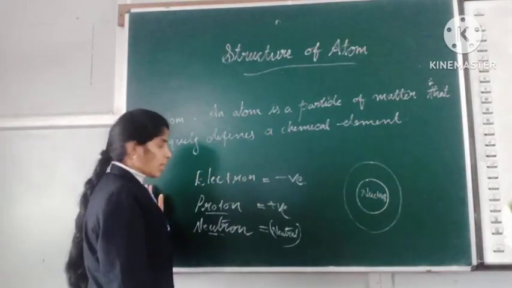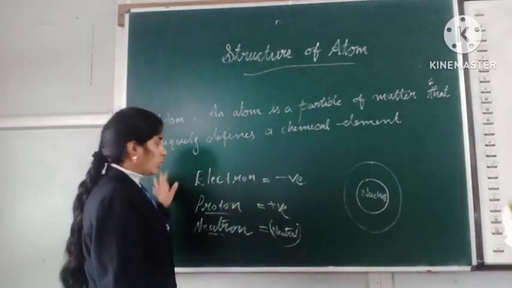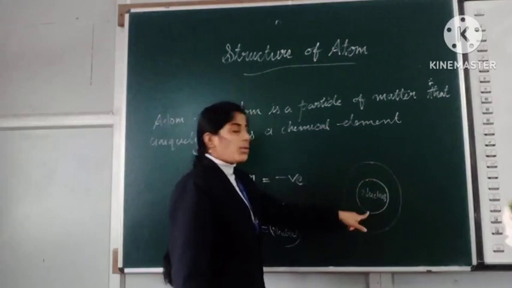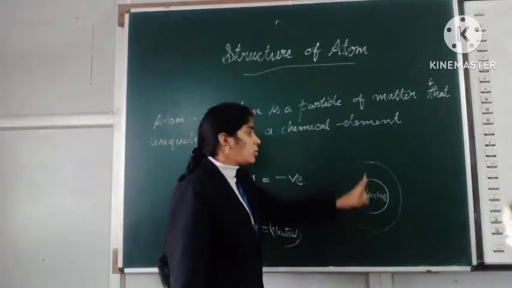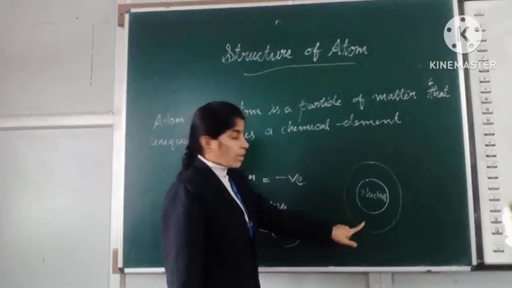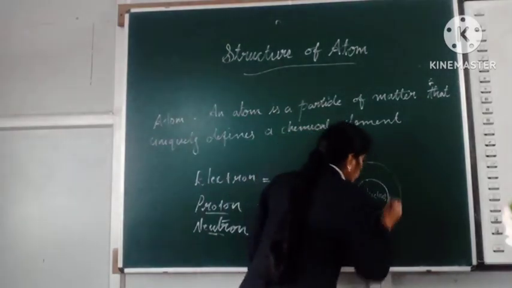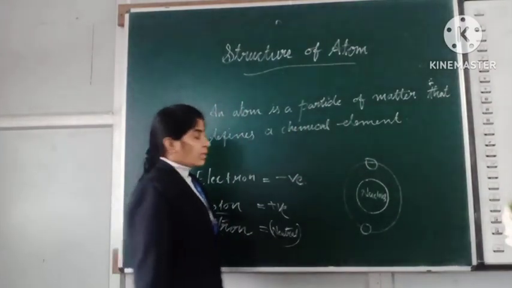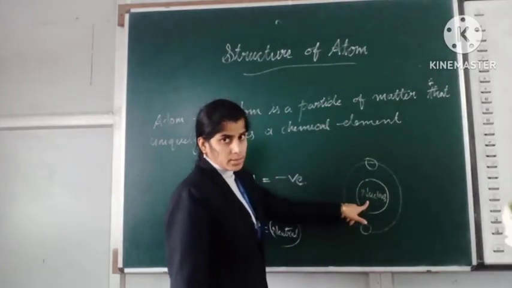Is it clear? And the electrons make one cloud around the nucleus. These electrons are always revolving around the nucleus.